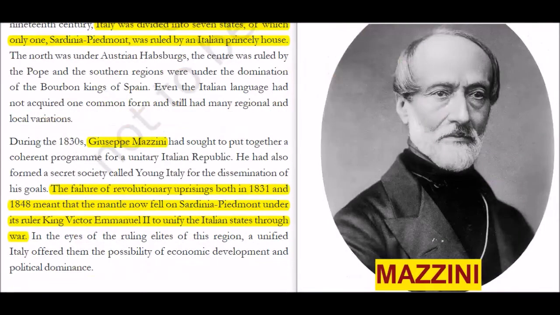As we have already discussed earlier, during the 1830s, Giuseppe Mazzini had sought to put together a fight for a unitary Italian republic.